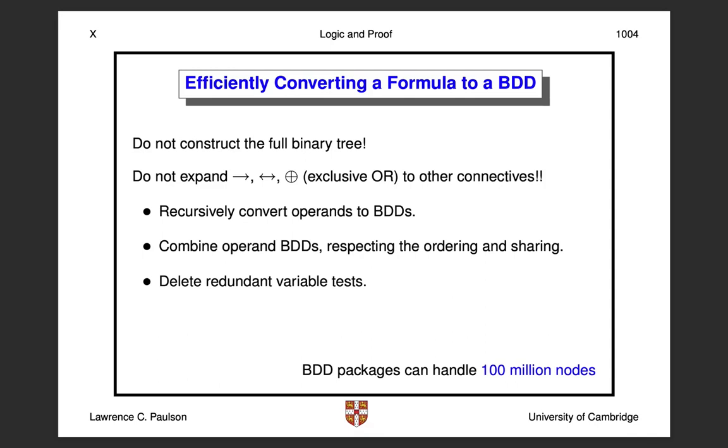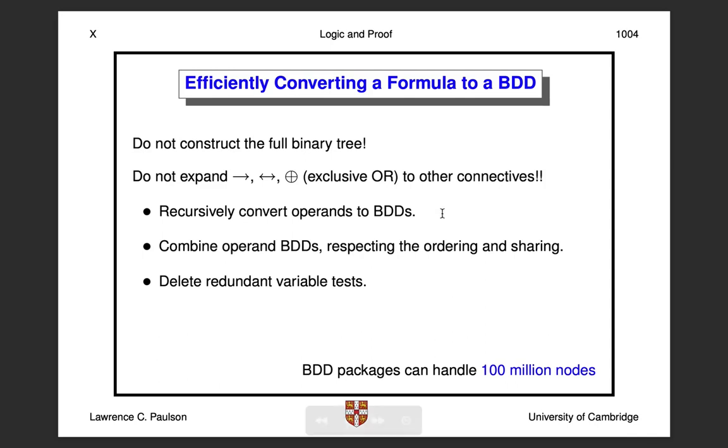So our technique for converting a formula to a BDD, just from a general point of view, we'll see the details later, it will be recursive. So we start with a formula, we will recursively convert its immediate subformulas to BDDs. And once our recursion has terminated, that is to say we have now BDDs for the operands of our logical connective, then we need to cleverly combine those BDDs with reasonable efficiency and respecting all of our ordering and sharing conditions.